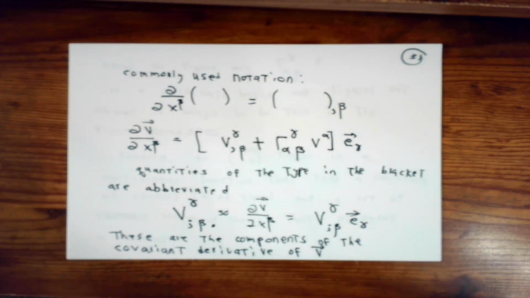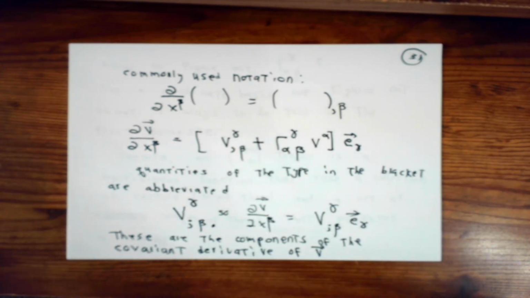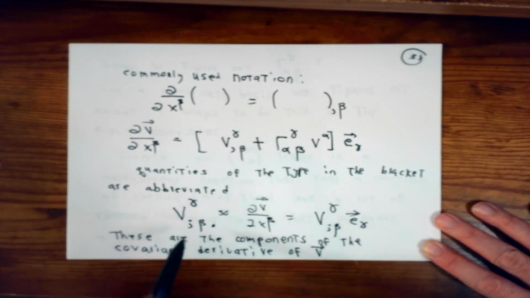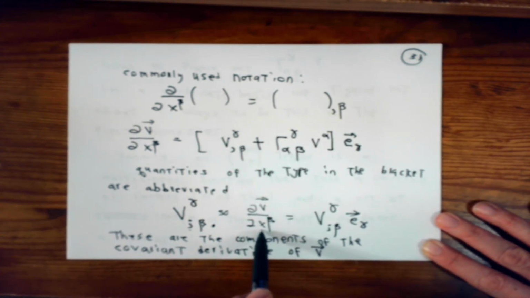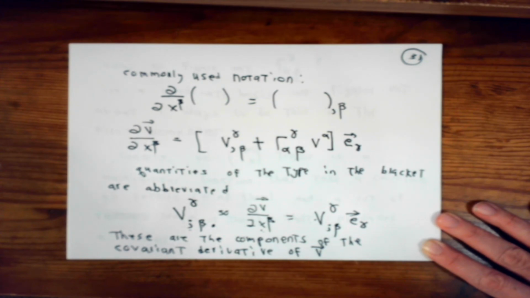So using the comma notation, this is the partial of v with respect to x beta. The quantities inside the bracket are very often abbreviated as V gamma upstairs, a semicolon, and a beta. So using that notation, the partial of V with respect to x beta is V gamma semicolon beta E gamma. These are the components of the covariant derivative of V.